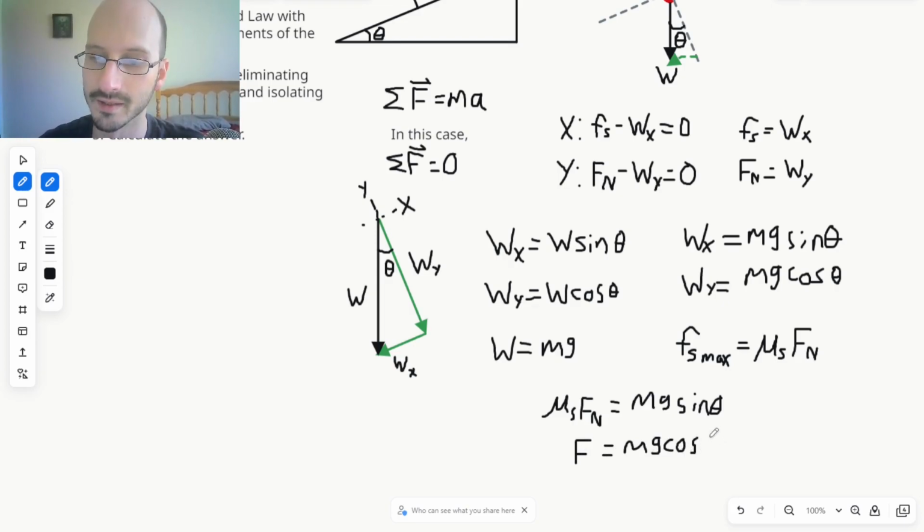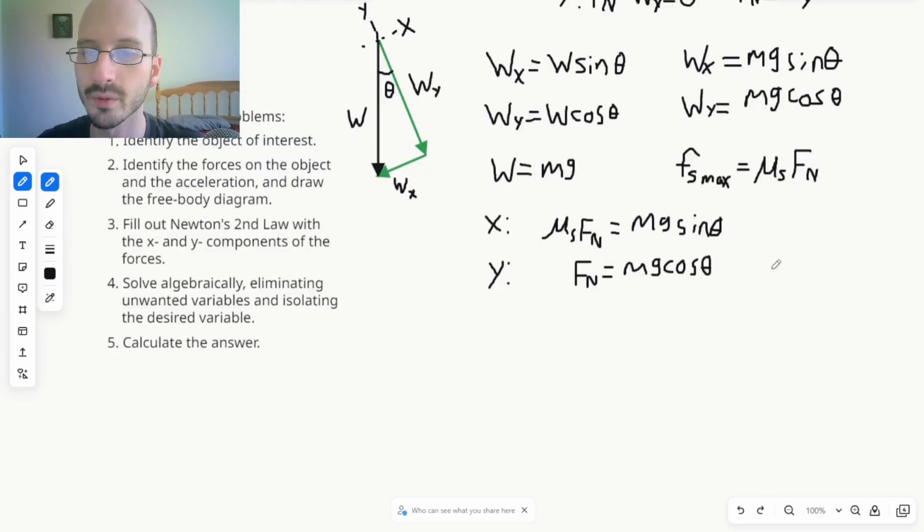Notice again that it is not equal to mg, it is mg cosine theta. Just label these, this is the x equation and this is the y equation. That is not going to be important anymore, but it does remind us where these equations came from.